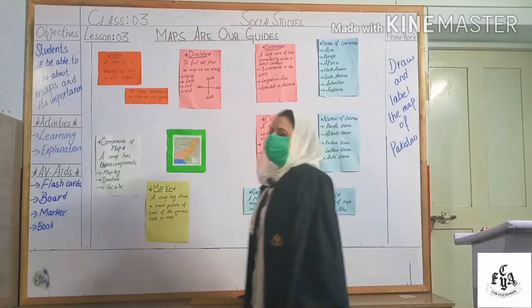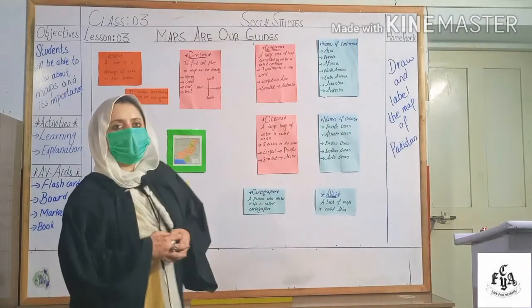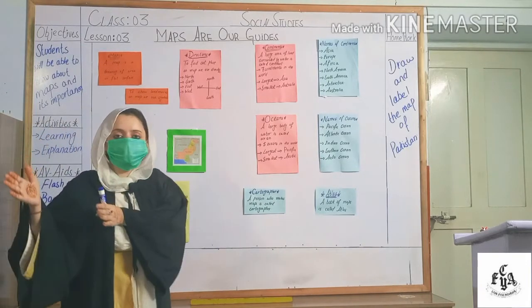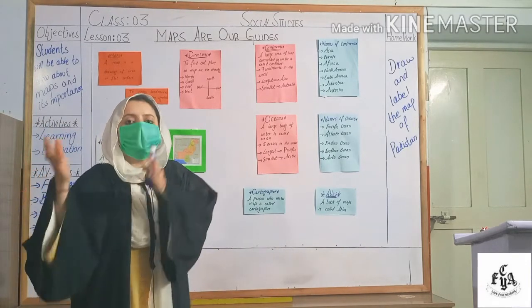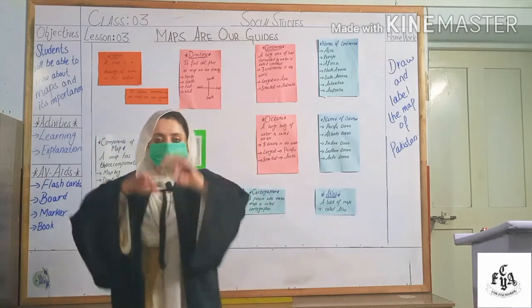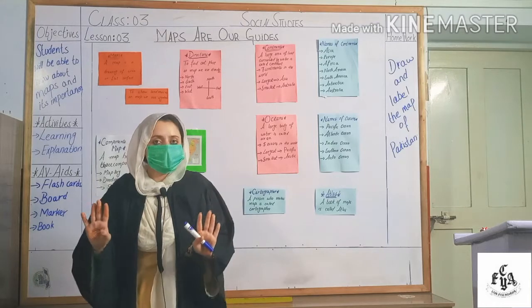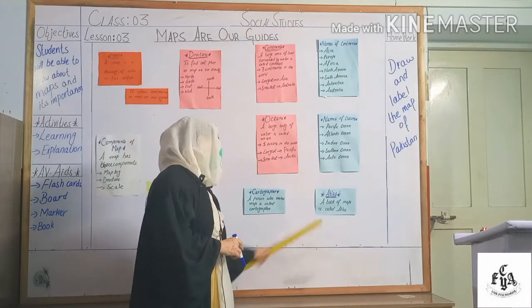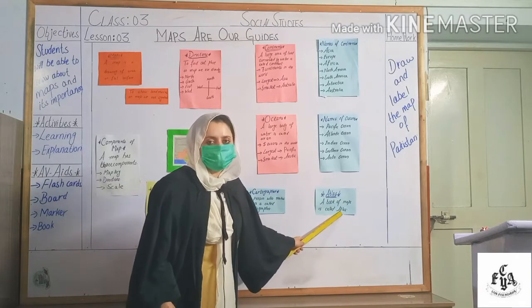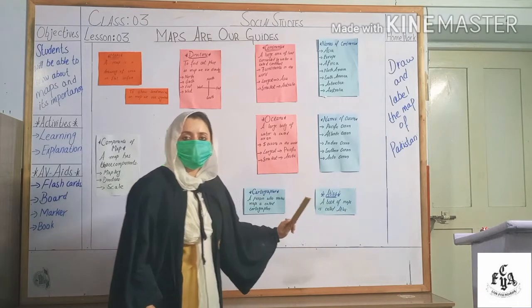Okay students, do you know what the book is called in which we have different maps of different countries? The book which consists of maps of different countries and places is called an atlas. A book of maps is called an atlas. What is it called?